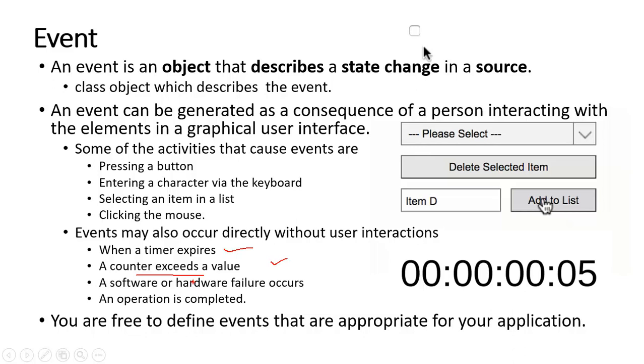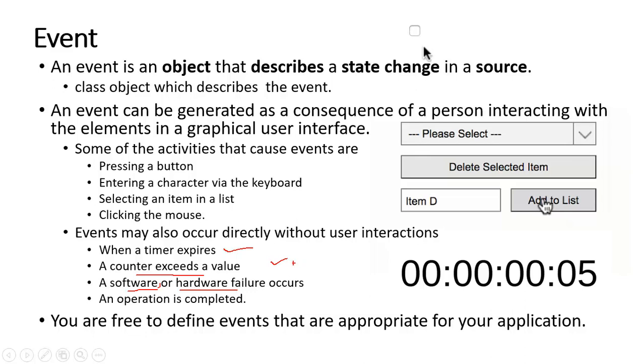In the same way, there can be a floating point exception or some runtime exception. In that case also an event just gets generated. However, we treat that event as an exception in a different way. An event can also occur when a particular hardware failure occurs.